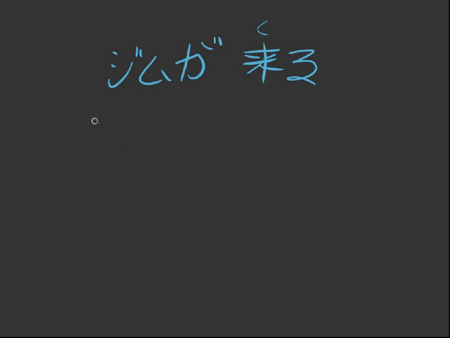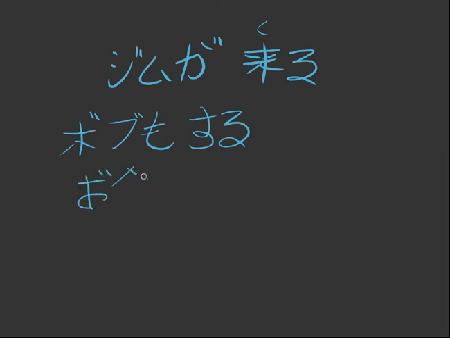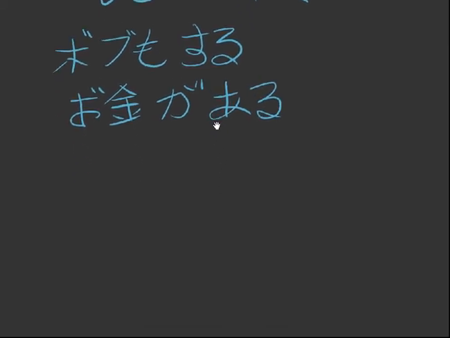Kuru. Bob mo suru. Bob also does. And okane ga aru. There is money.